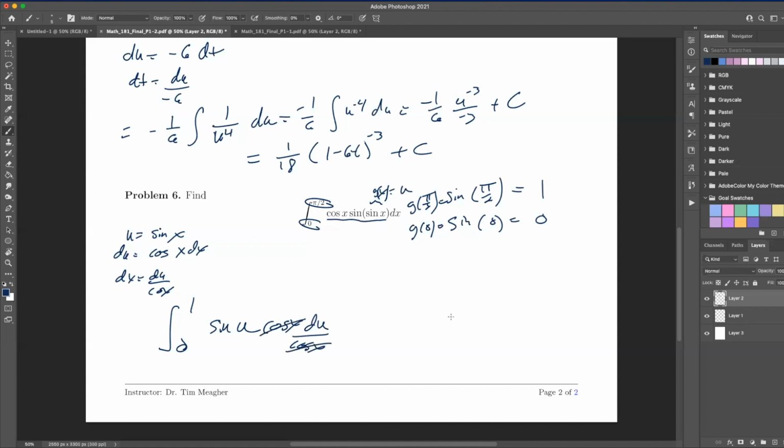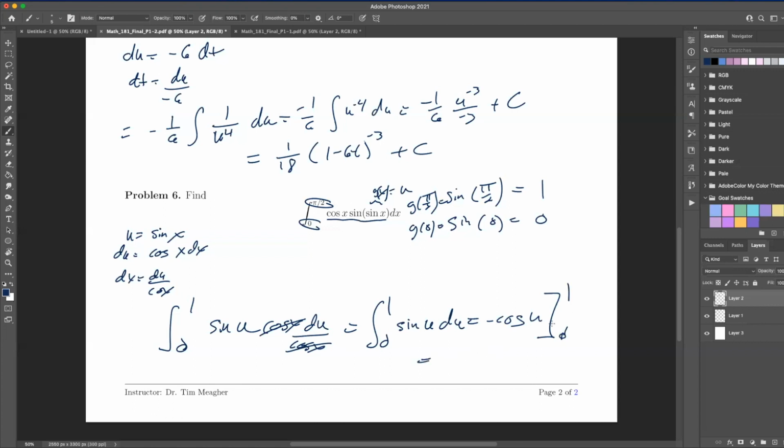Well, these cosine of x cancel out, so I'm just left with the integral between 0 to 1 of sine of u du. Well, the antiderivative of sine is minus cosine, because if I differentiate minus cosine, I'll get this, so minus cosine u evaluated at 0 and 1.